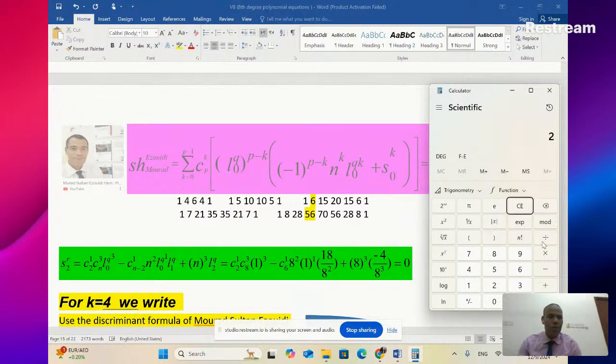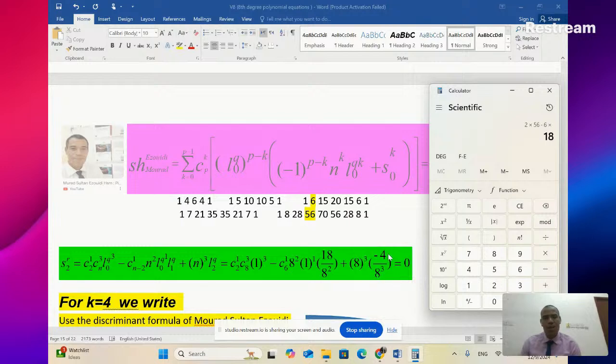Multiplied by 1 minus combination 6 choose 1, which is 6 minus 6. Then 8 squared divided by 8 squared is 1. I will just multiply by 18. Then plus 8 raised to the power 3 divided by 8 raised to the power 3 is a ratio of 1.